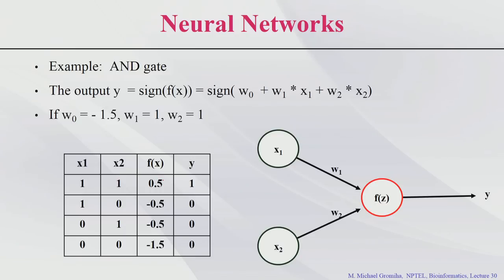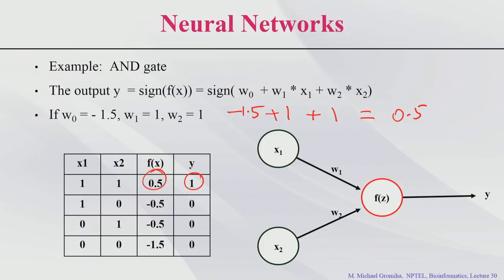You use this function: w0, which is minus 1.5, plus w1 into x1, which is 1, plus w2 into x2, which is 1. This is equal to 0.5. So you get 0.5, and the sign is plus, so the output is equal to 1.